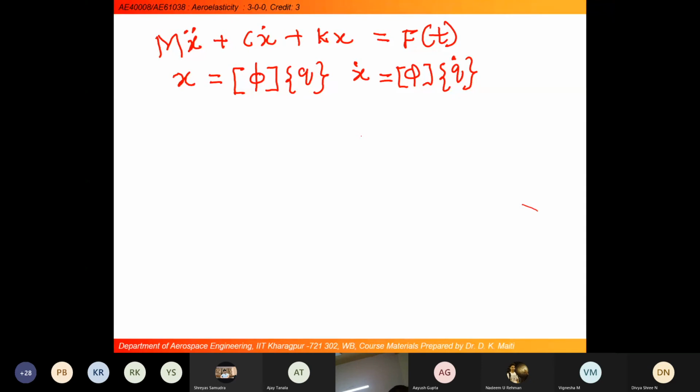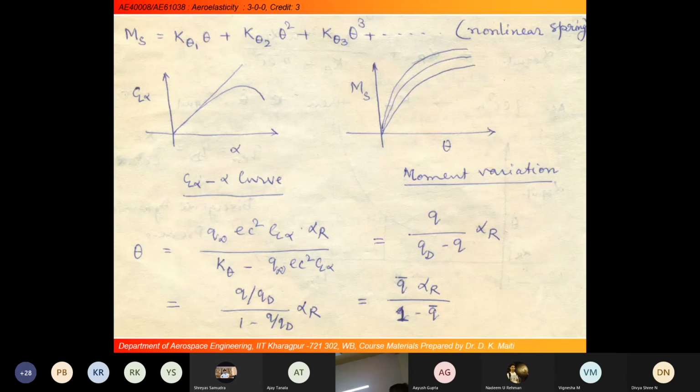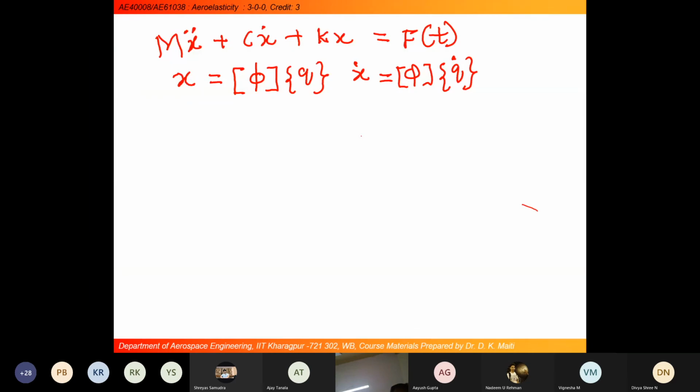Next day, first I will discuss the modal concept, because you need a little understanding of it, and then whatever k theta I am calculating, I have considered as a lumped modal stiffness k theta.